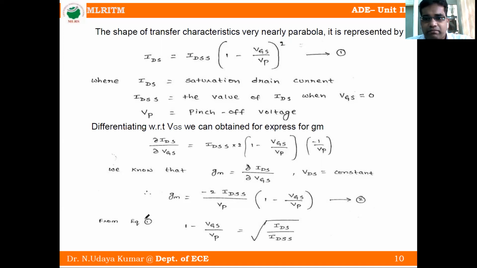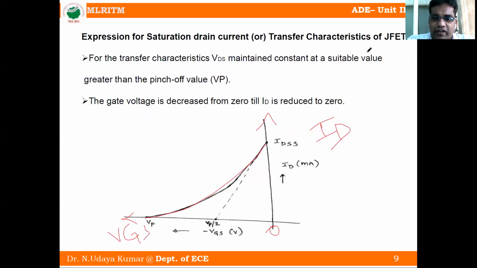The parabola equation can be represented by IDS = IDSS × (1 − VGS/VP)², where IDS is the saturation drain current, and IDSS is the value of IDS when VGS is equal to 0.